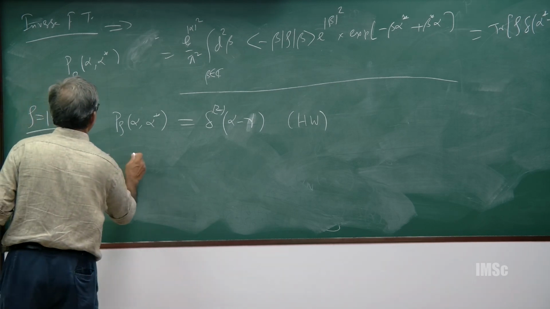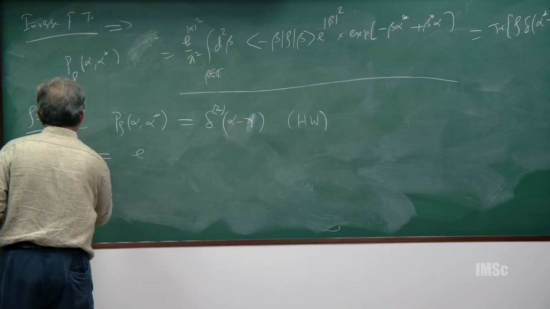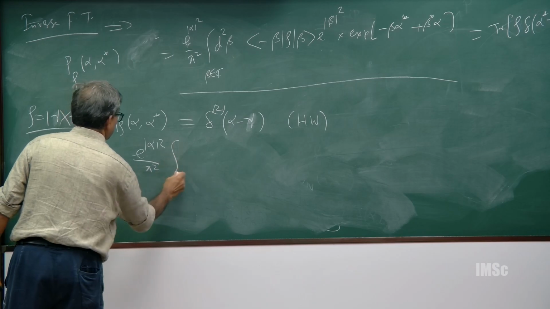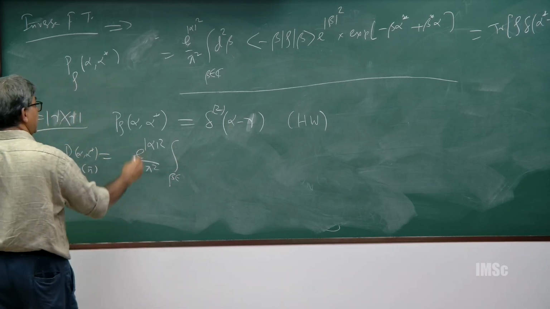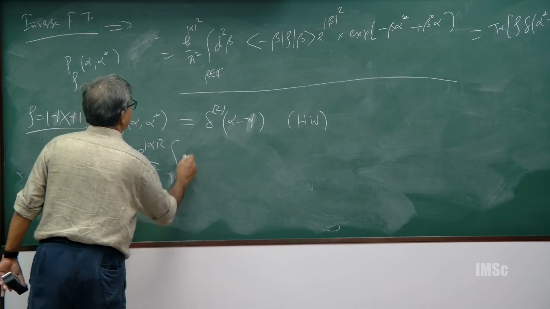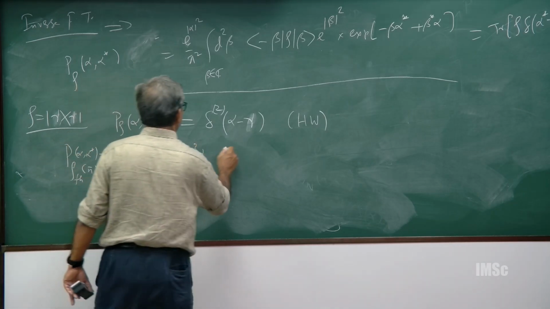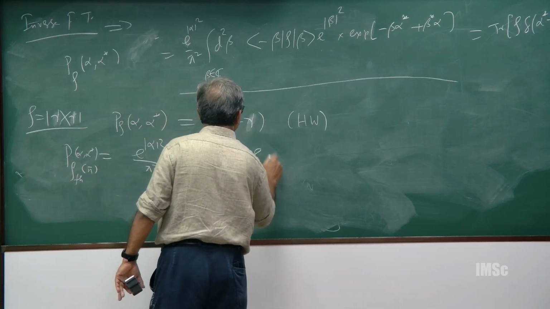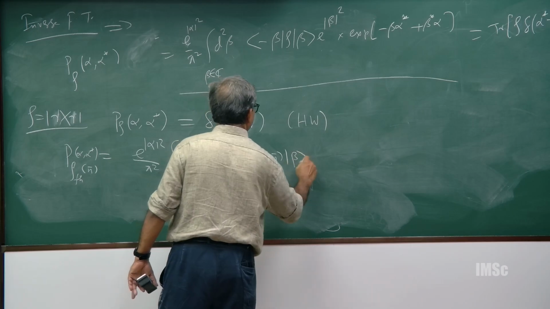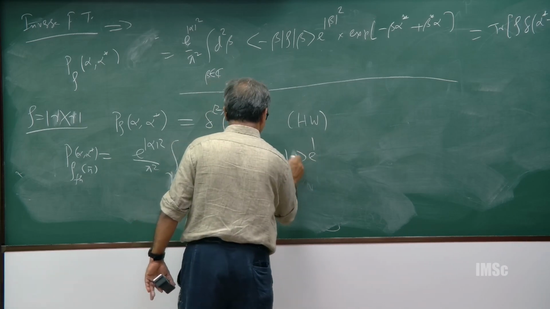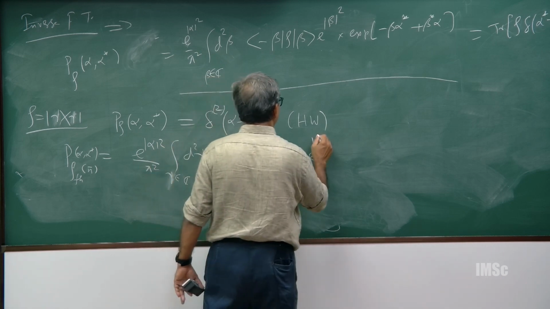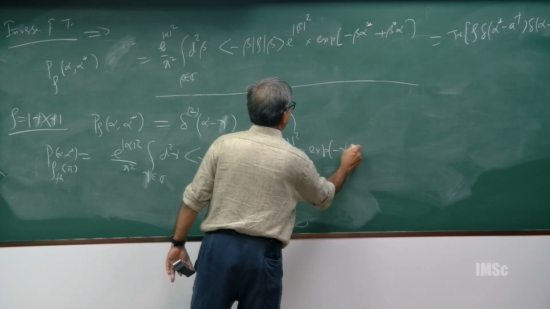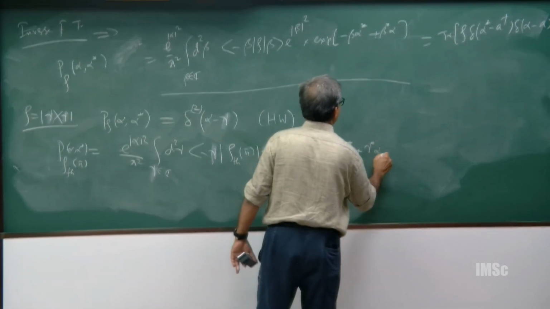So, this will be e to the power mod alpha square, divided by pi square, then beta, I am using beta again, so maybe use gamma. So, d square gamma, here it is minus beta. Now, for rho thermal you will have to use this rho thermal n bar, e to the power, not beta, gamma, mod gamma square, then exponential of minus gamma alpha star plus gamma star alpha.